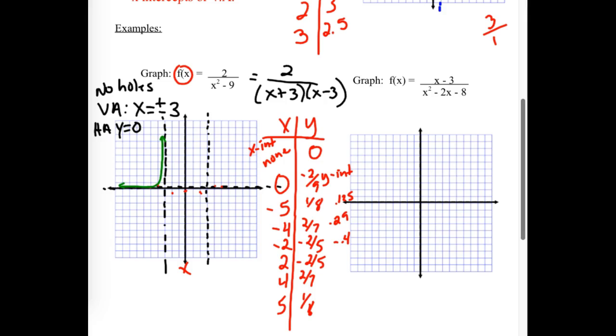It's pretty flat in there. All right, but it has to approach those vertical asymptotes. So I'm looking at something kind of like a parabola, only a little flatter on the top. It's not totally flat, but pretty close. And then on the right side, I'm expecting a branch like that. Okay.